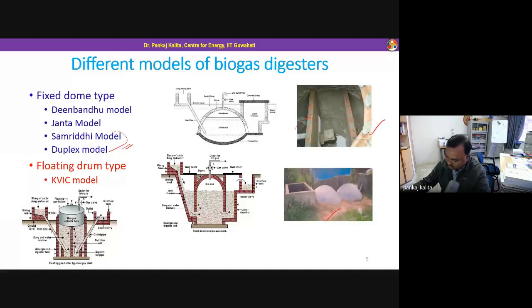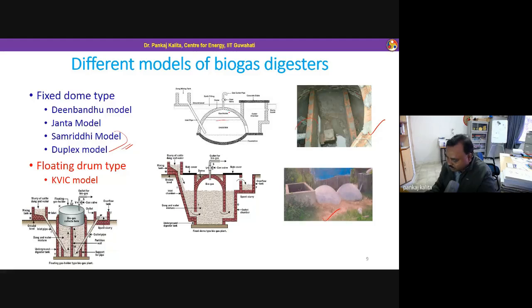We also developed another kind of digester called the duplex model. The purpose of developing this duplex model was to break the scum formed inside the digester. What happens in fixed dome type digesters? As you know the principle, if you feed something here, once the microbes start working, gas generation will start.